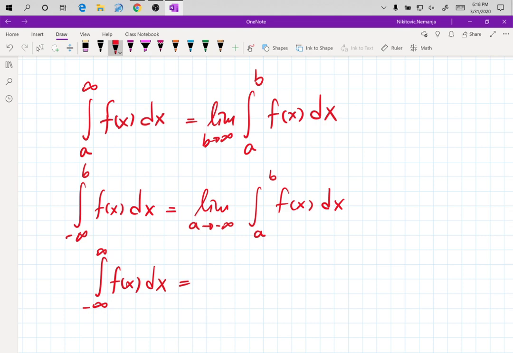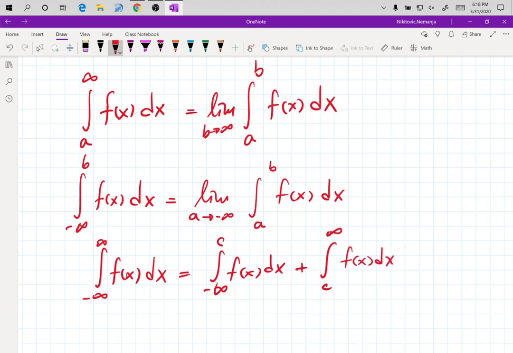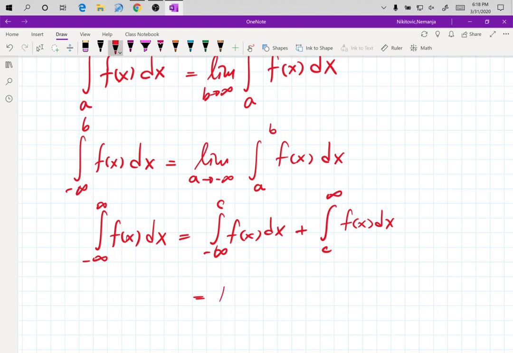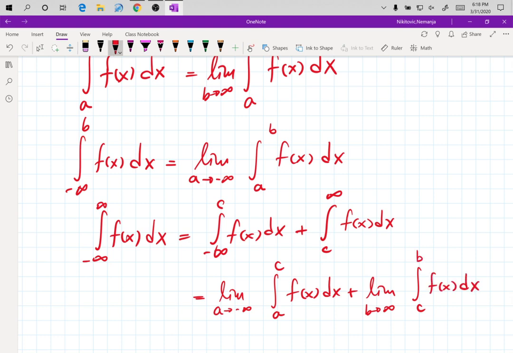We can pick c, and go negative infinity to c of f of x dx plus c to positive infinity of f of x dx, which would give us the limit as a goes to negative infinity of the integral from a to c of f of x dx, plus the limit as b goes to infinity of the integral from c to b of f of x dx.